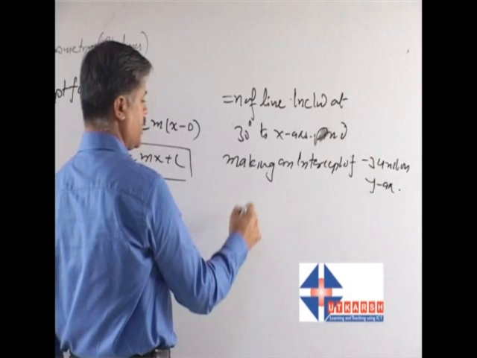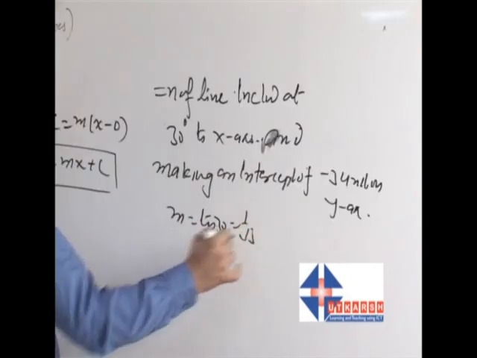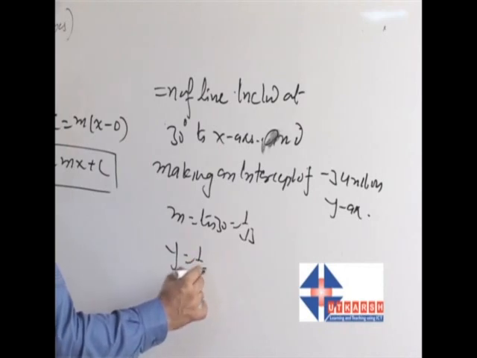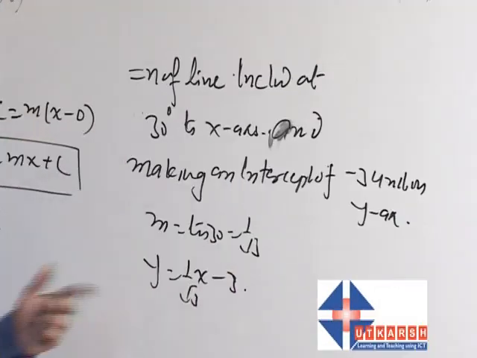You can use it straight way. M हमारे पास आ जाएगा tan 30 means 1 by root 3, y is equal to 1 by root 3 x minus 3. This is the answer here. Okay. Next now is intercept form.